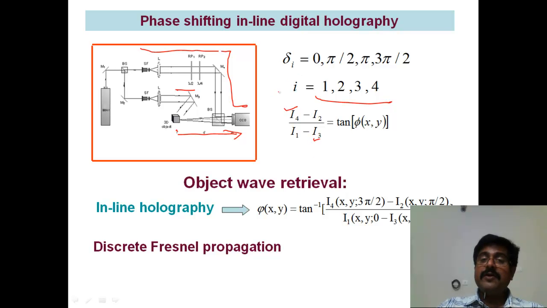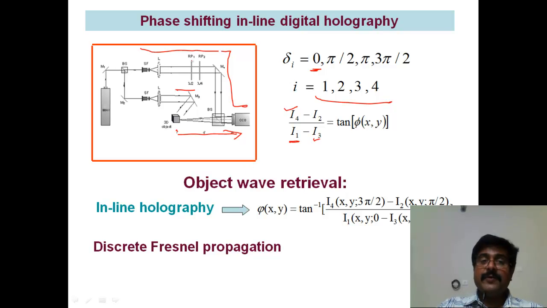How we record these four holograms matters. So the first hologram is recorded with zero phase for the reference wave, with the same object wave, no phase shift, and these two waves interfere and the first hologram is recorded.